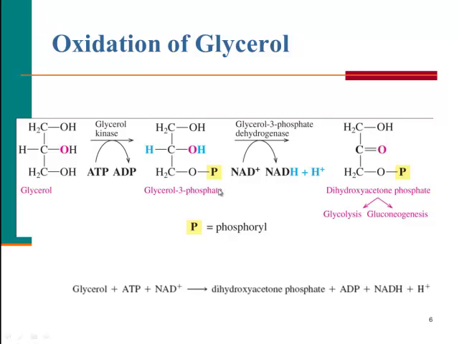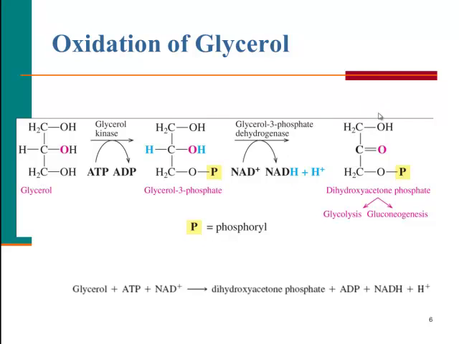Now what's going to happen is the oxidation of this molecule. Remember, in the process of oxidation, we can take a hydroxyl group and convert that to a carbonyl group. So we're taking the secondary alcohol group and converting it to a ketone. And anytime we've got oxidation, we have to have the reduction of something else.